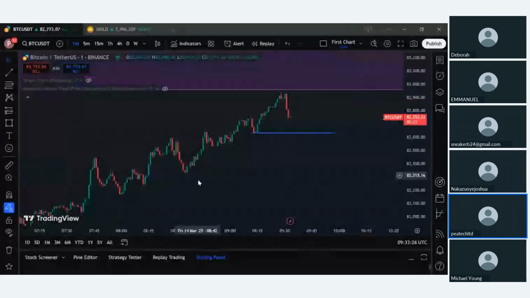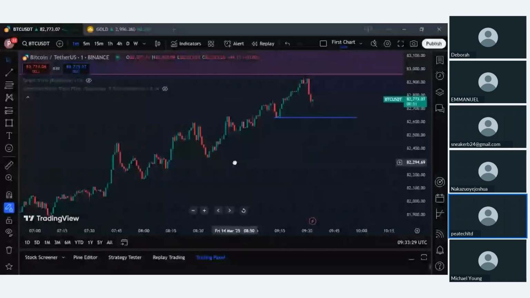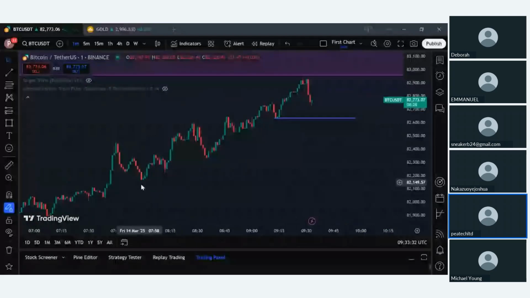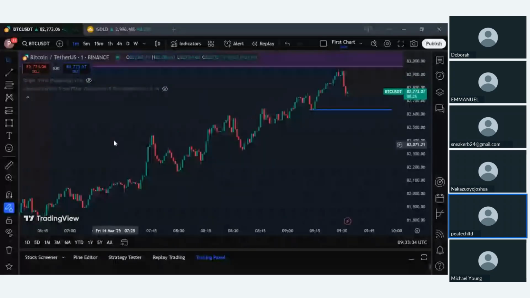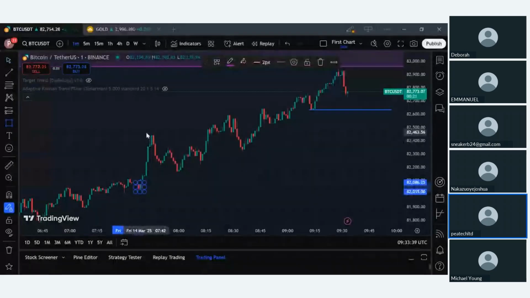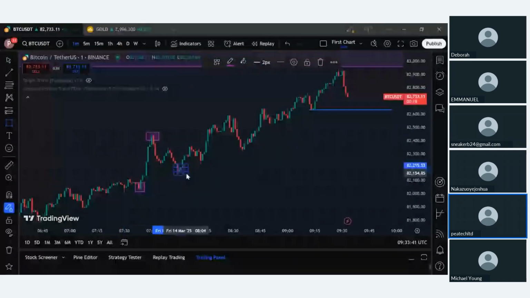Remember in our last class, we talked about the concept of highs and lows. So now we have a low here. Let me just draw it out. We have a low here. We have a high. Then we have a low that is higher than the previous low. Then we have a high. The whole of this place is a high. Then we have this low, lower than this.